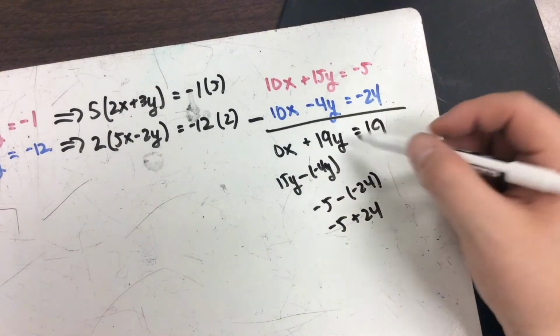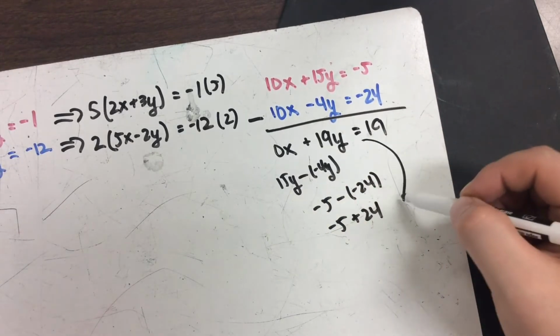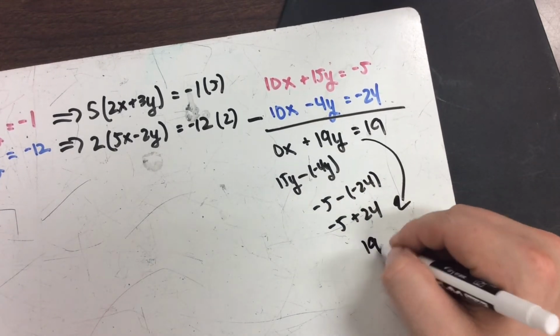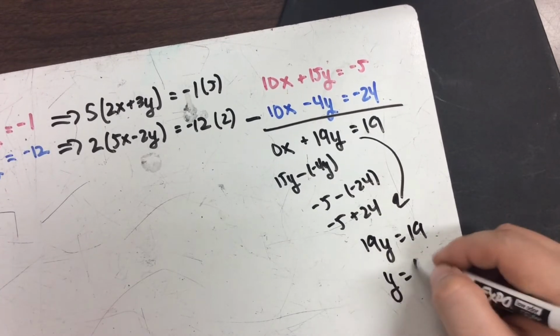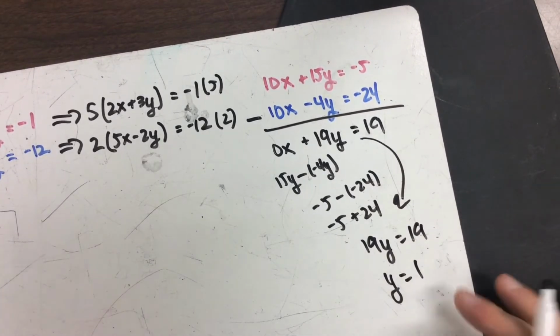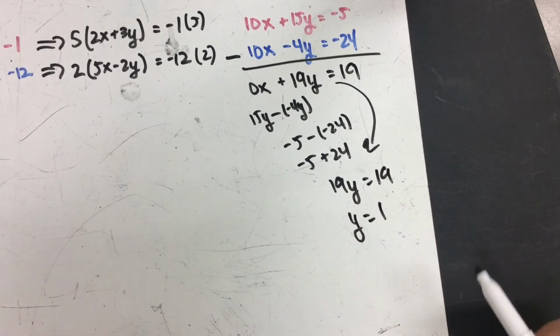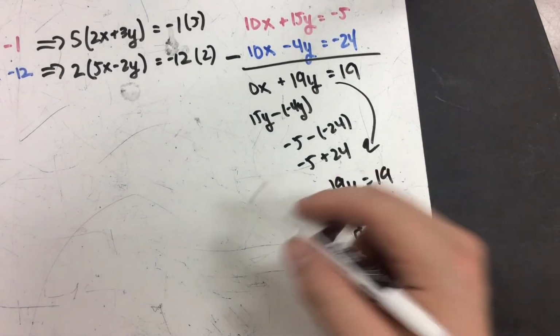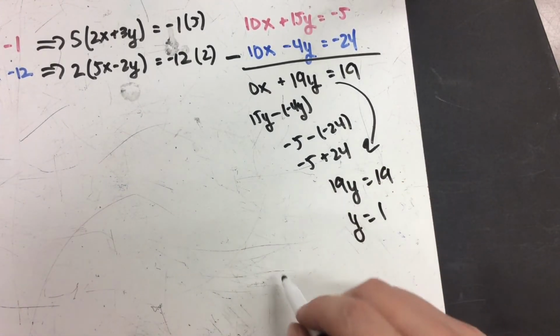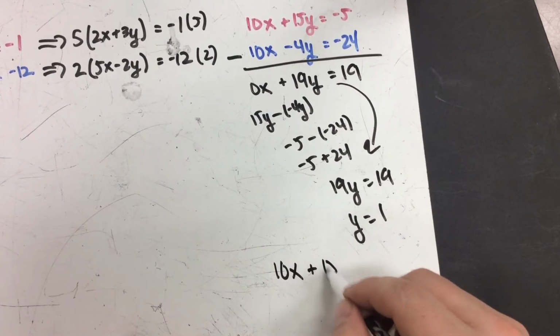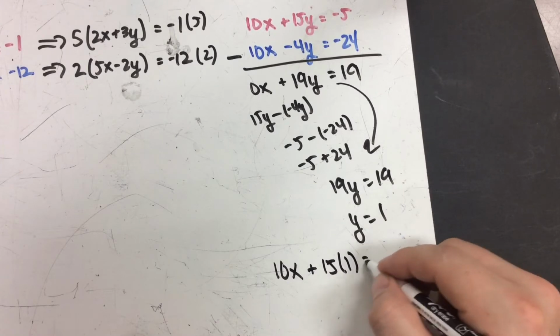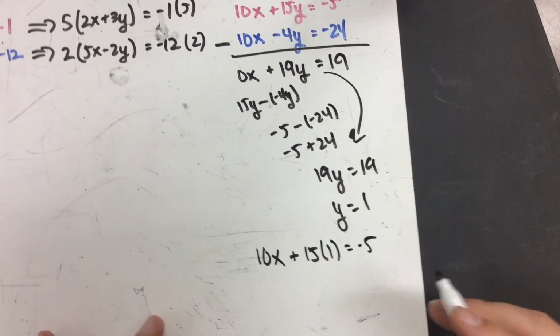So now that I've eliminated a variable, I'm going to solve for y. This is 19y equals 19, or that y equals 1. But I'm not quite done. Still got to figure out what x equals. So I'm going to plug it into the pink equation. So I'm going to have 10x plus 15 times 1 equals -5.